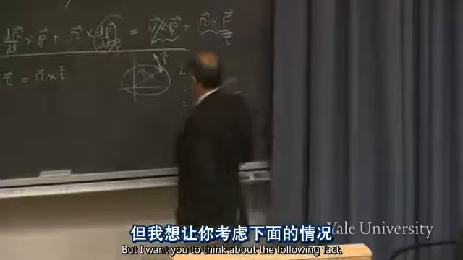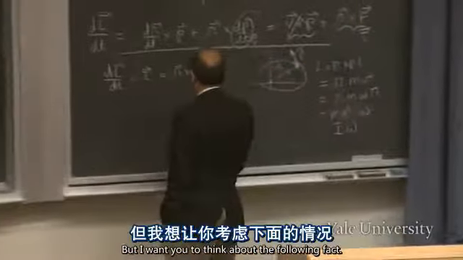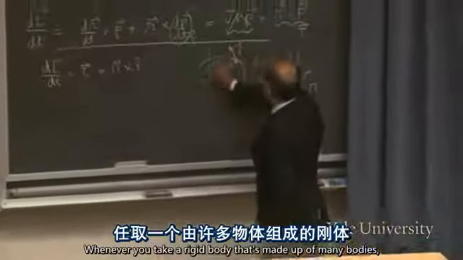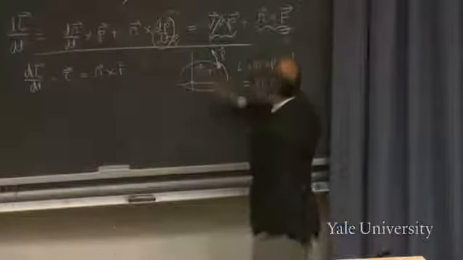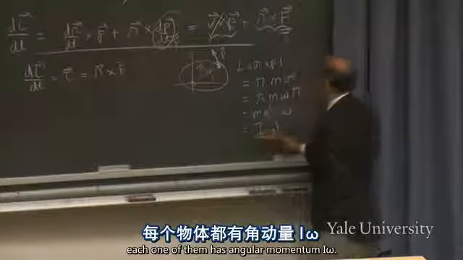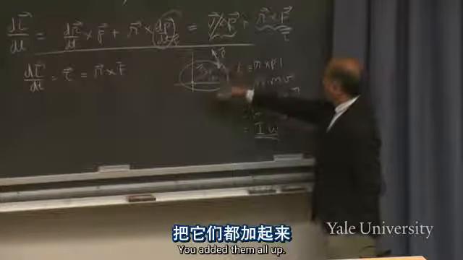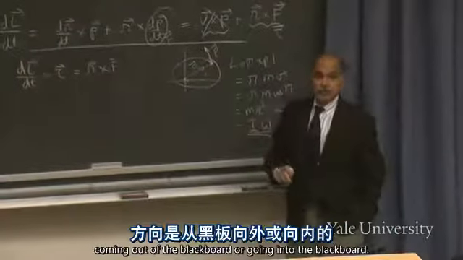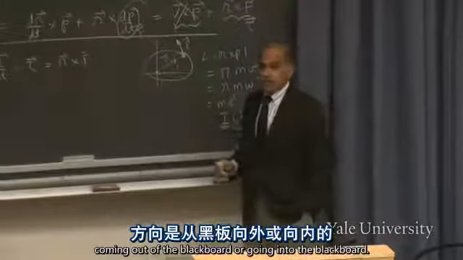But I want you to think about the following fact. Whenever you take a rigid body as made up of many bodies, each one of them has angular momentum I omega. You added them all up. But as a vector, each one has angular momentum coming out of the blackboard or going into the blackboard.